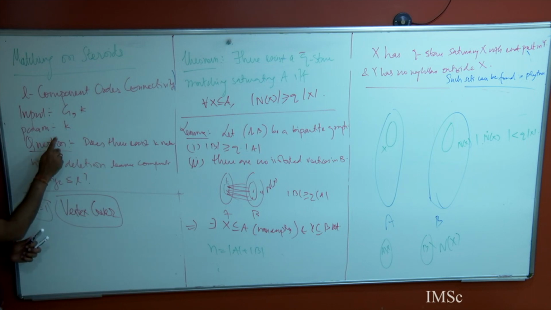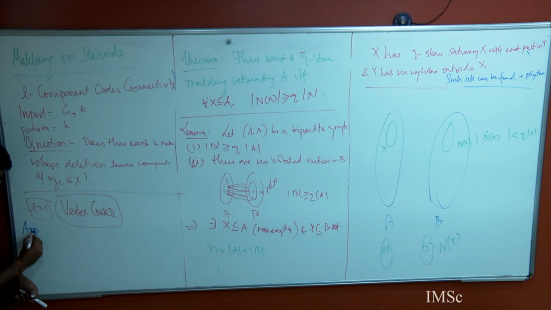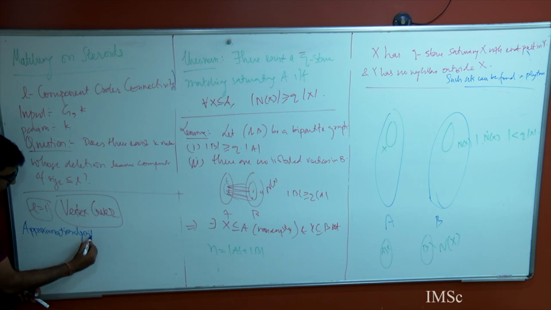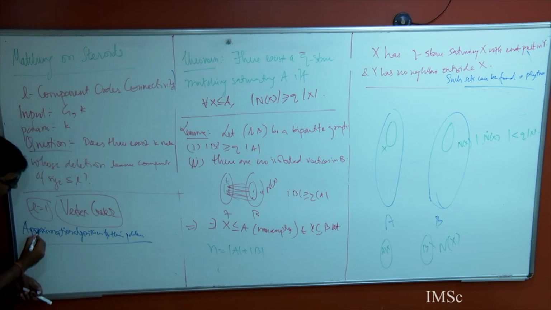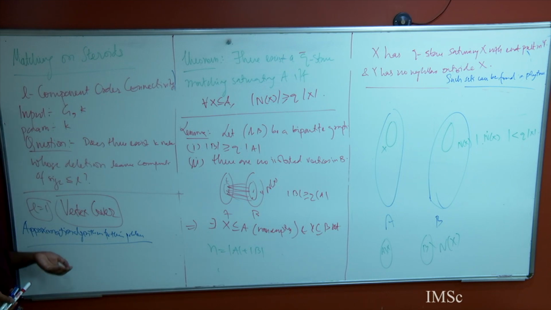So can you give me an approximation algorithm for this problem? Find an L plus 1 size connected set in the graph and delete all its vertices.